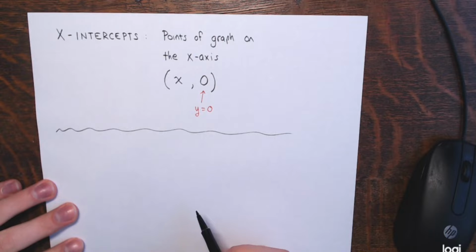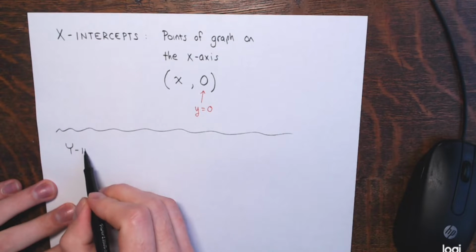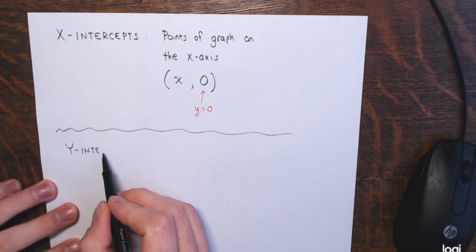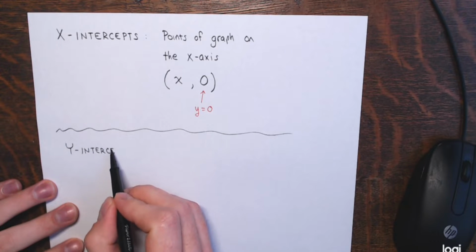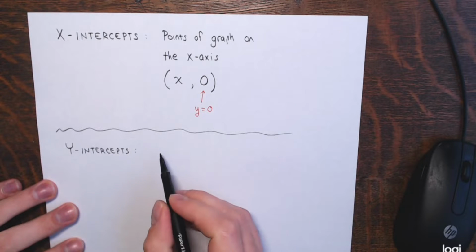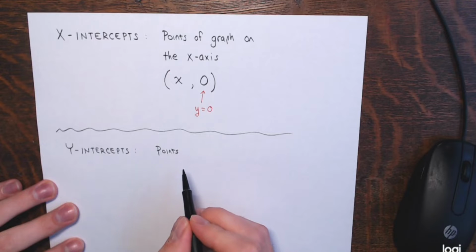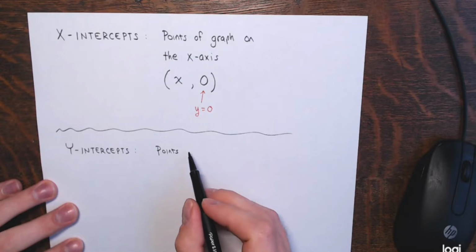And then it's very similar for any y-intercepts a graph might have. So y-intercepts of a graph are points of the graph, solutions of the equation, that end up on the y-axis.